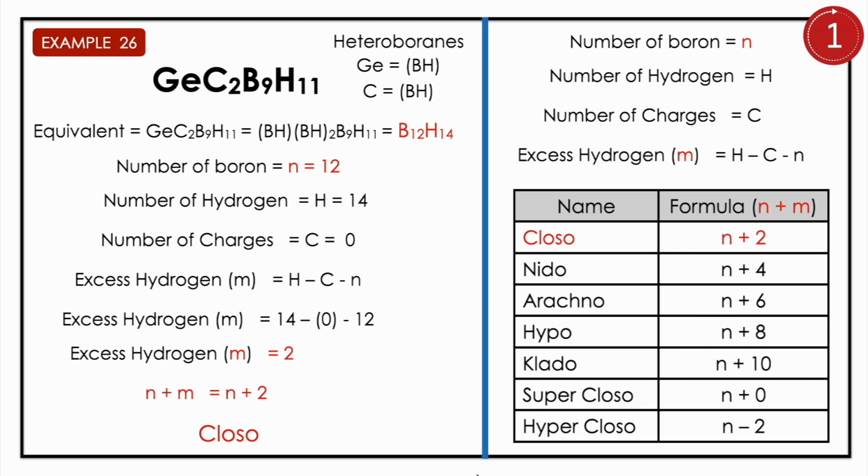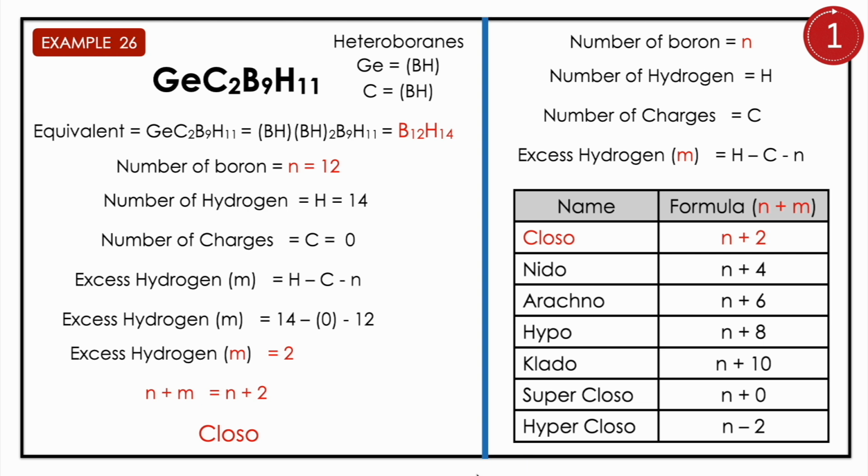Both are in the carbon series. The equivalent will be BH. So for carbon, you should write BH. For germanium, you should also write BH. If you substitute in the formula, it becomes BH, BH twice, B9H11. If you redraw it, it becomes B12H14.